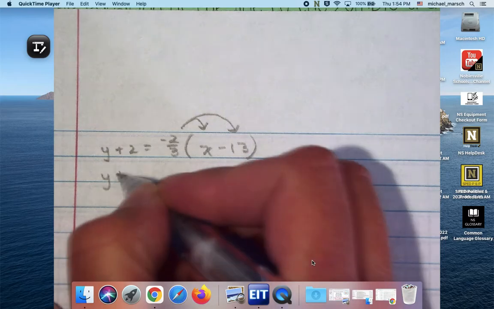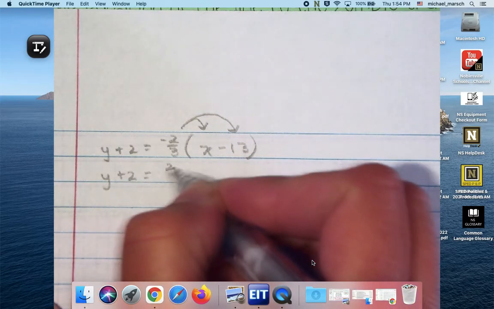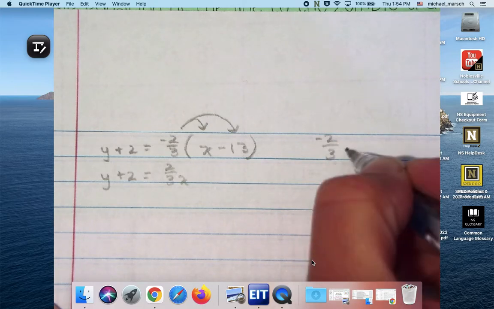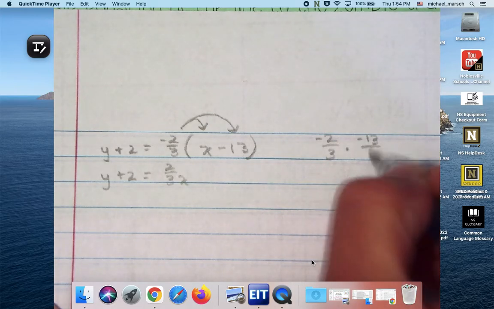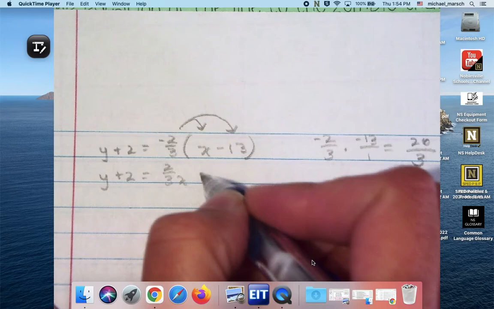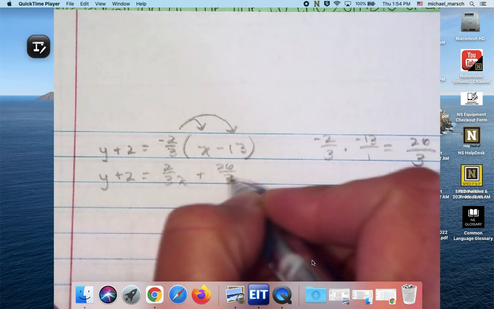So I'm going to have y plus 2 equals 2/3 x. I'm going to go out to the side here: negative 2 over 3 times negative 13 over 1. I'm going to get 26 over 3, so plus 26 over 3.